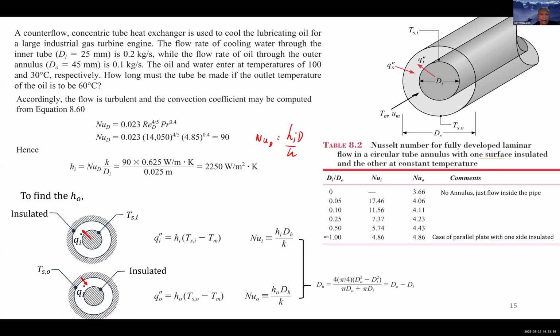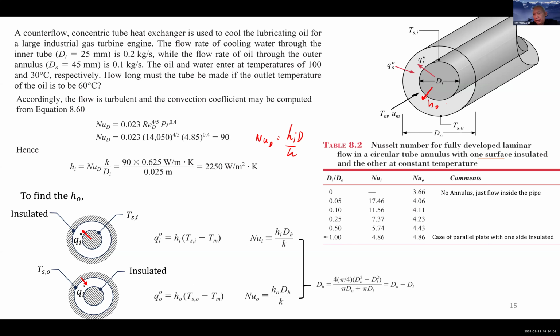Okay, your objective is now finding the h_o over here, when you have a heat transfer going like that, right? Because, I'm sorry, going like that.